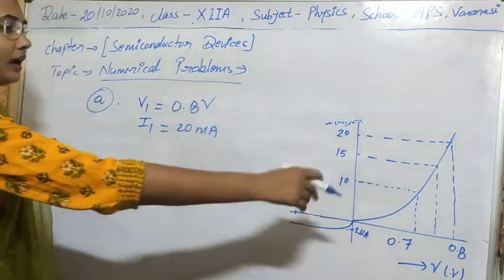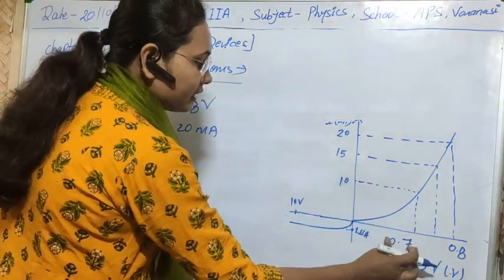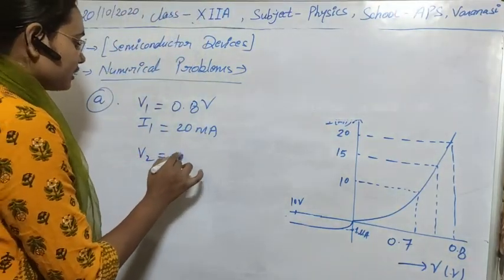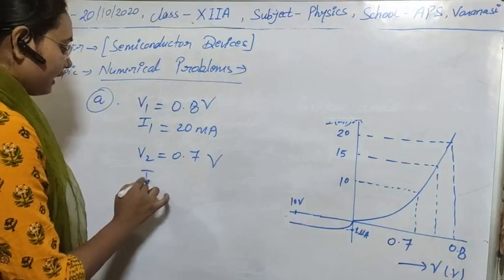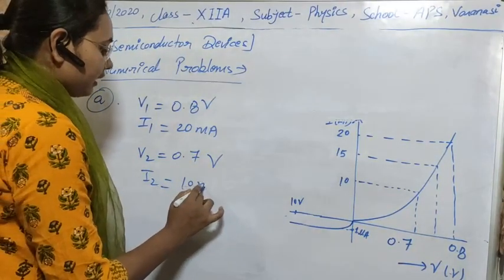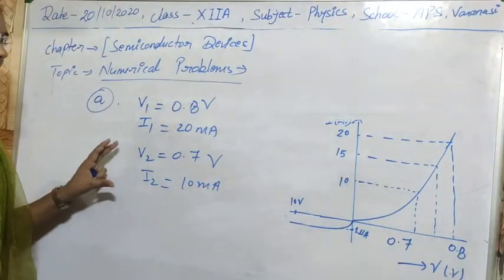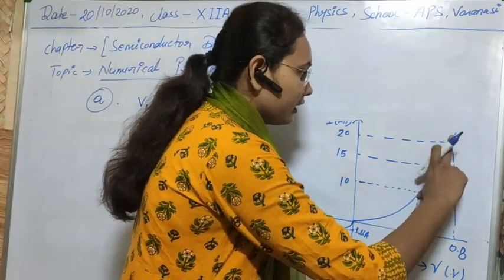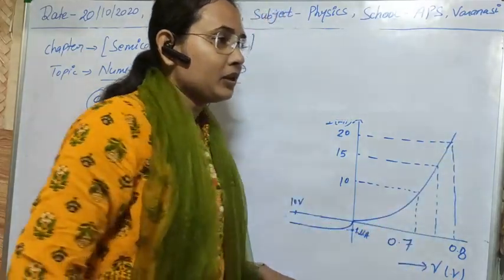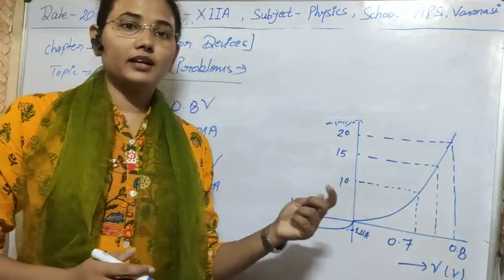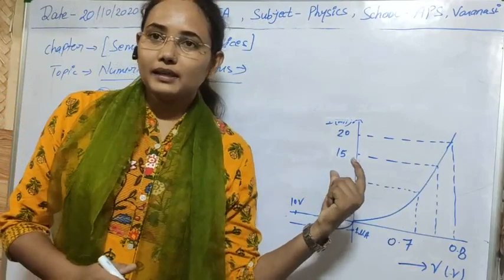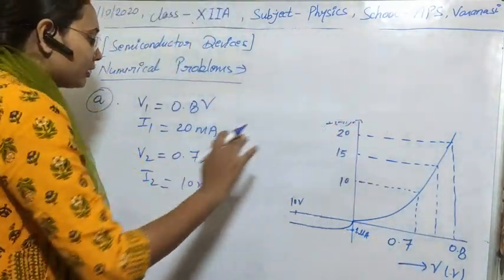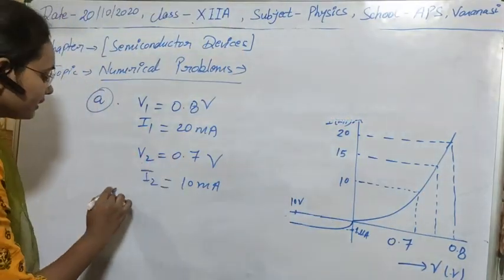At 10 milliampere the voltage is 0.7 volt, so suppose this is V2, 0.7 volt, and I2 is 10 milliampere. We have two different values, and this curve from here to here is linear, so definitely it will follow Ohm's law. By calculating its slope, we can easily find the resistance. So what will be the slope in this condition?